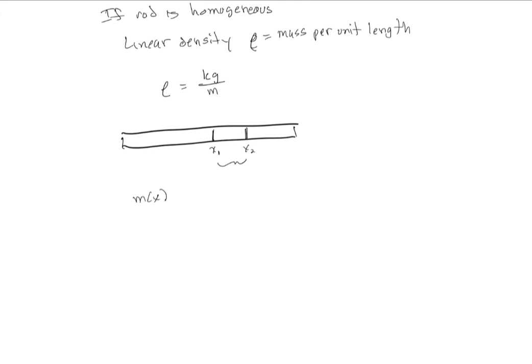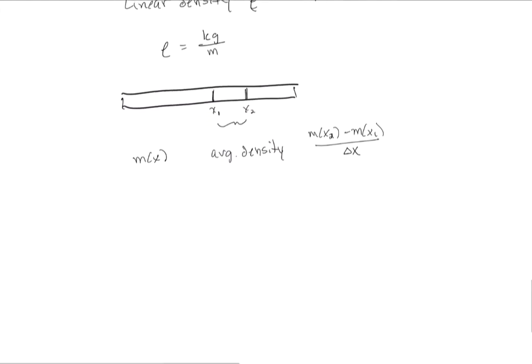Then my average density over that interval is going to be the rate of change of mass from x1 to x2 over the length of that interval, x2 minus x1. Now obviously if I let delta x go to 0, then we are looking at the instantaneous rate of change. So we're looking at the linear density at one particular value.